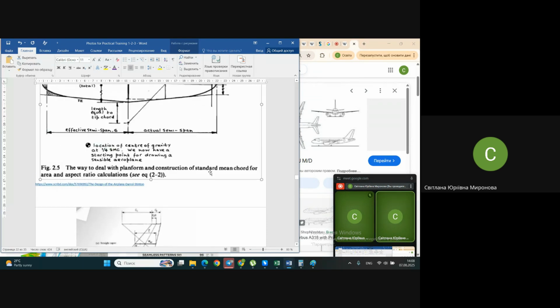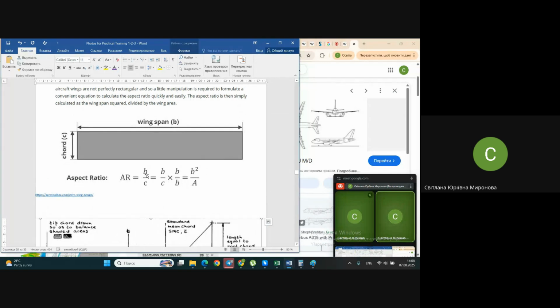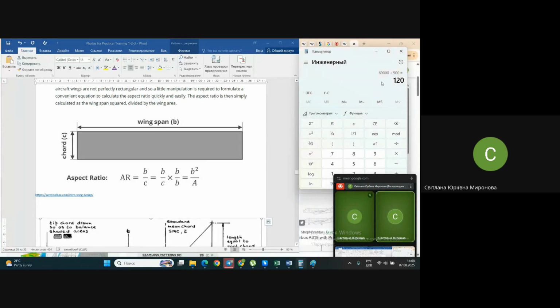Once again, here in this formula. If you have decided that in my class the wing aspect ratio is equal to 8, and I have here the area of wings that I already know, so where is our calculator by the way, and it's necessary now to understand what the wingspan is. Out of this idea that we understand this value and this value, we may calculate the wingspan. Now, let's try to do it together.